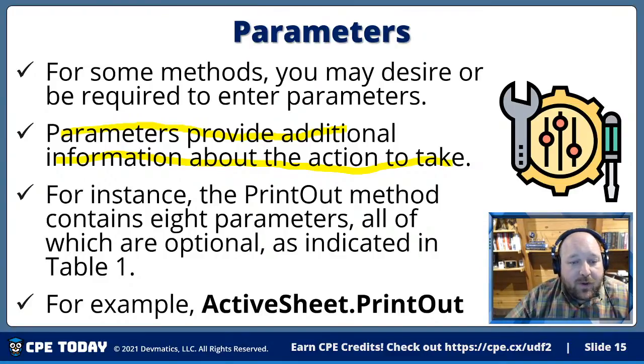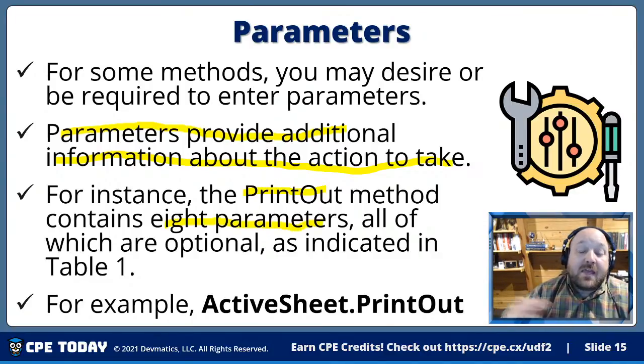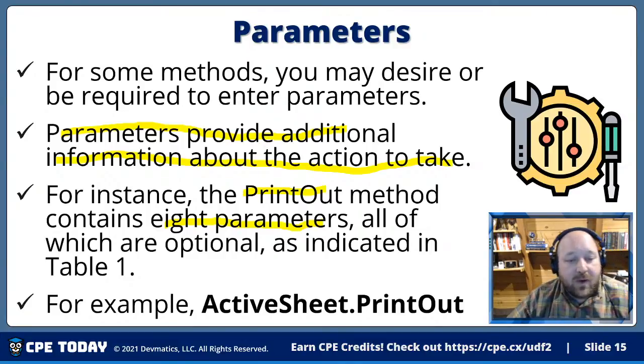For example, we have the PrintOut method, which contains 8 parameters, all of which are optional as indicated in the sample materials provided in today's course. There's a whole bunch of additional parameters that we can use here: From, To, Copies, Preview, ActivePrinter, PrintToFile, Collate, and PrToFileName.